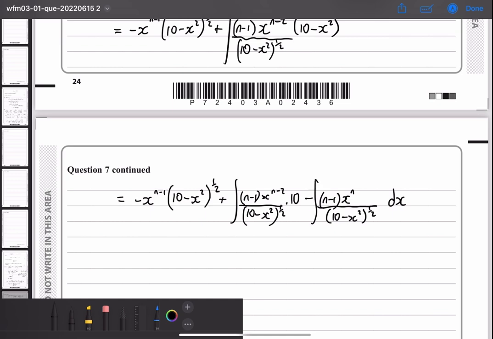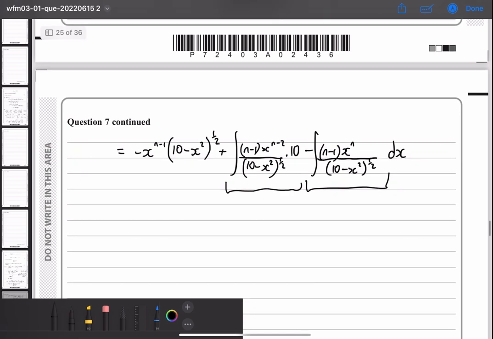and the second one of the two is I n, and the first one of the two is 10 lots of I n minus 2. I haven't quite said that right, they've both got an n minus 1 involved, so let me just write it out a little clearer.